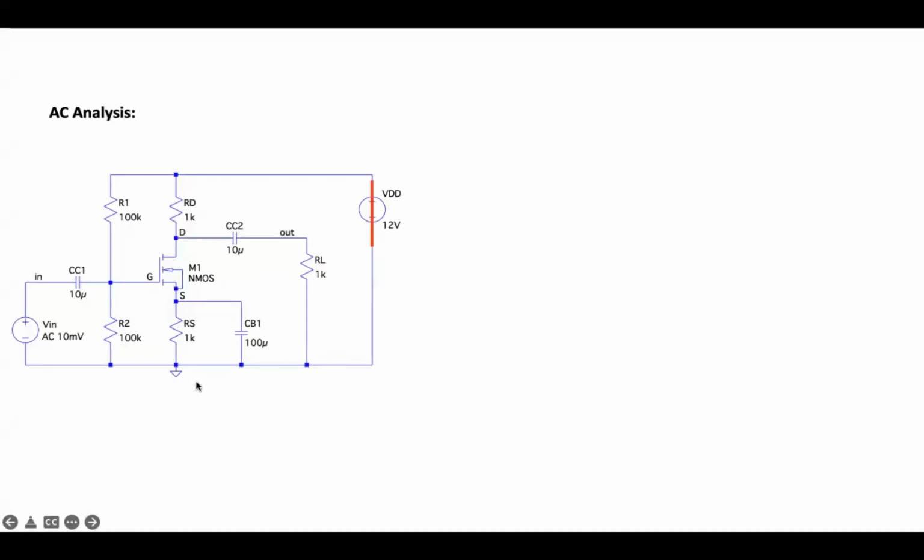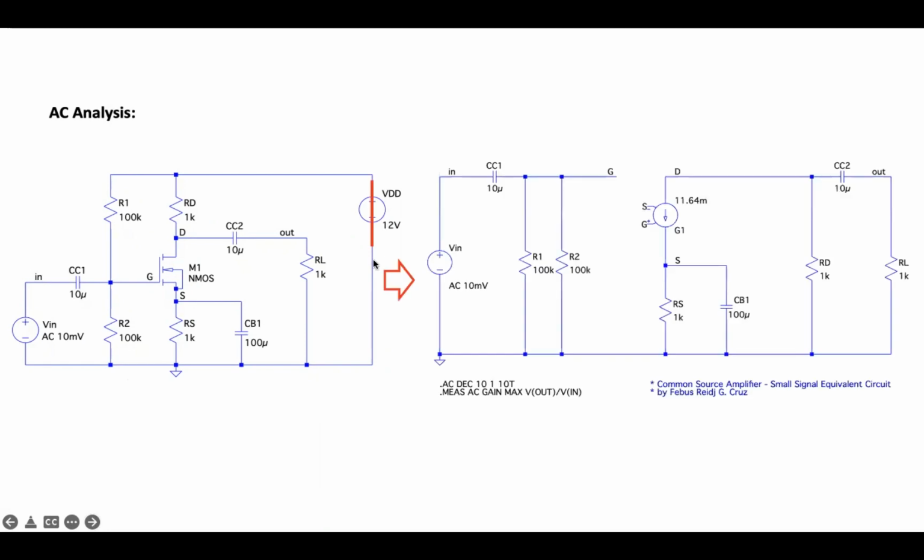Another assumption is that the coupling capacitors will be treated as shorted. In this example, we first indicated the coupling capacitors, the bypass capacitor, and the output coupling CC2. So we just shorted the DC supply.